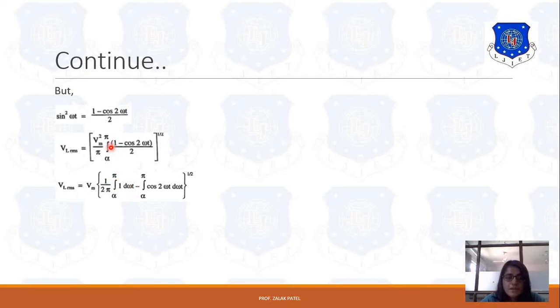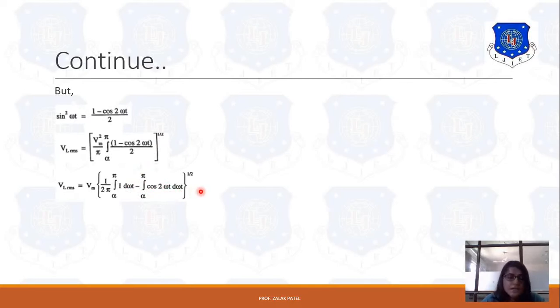Over here 1 is present with no other term, so the integration is with respect to omega t only, from alpha to pi. Here cos 2 omega t is there, so we separate the two terms, 1 and minus cos 2 omega t, from alpha to pi, d omega t.